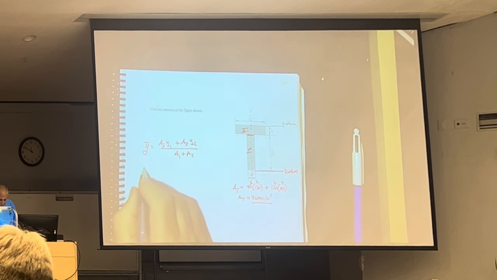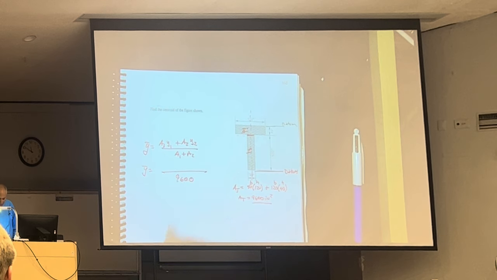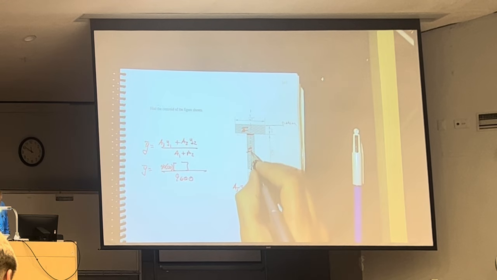So I know y bar is equal to 9600 times area 1. Well, area 1 I already found. It's 40 times 120 times the distance to the center of that area from the datum. So I go from here to the center. What is that distance?